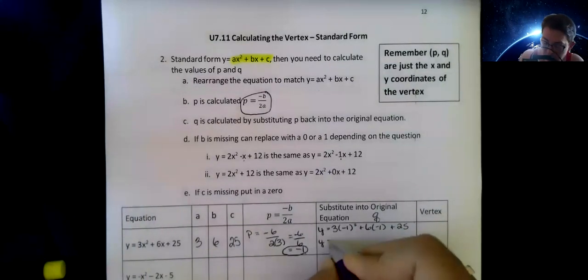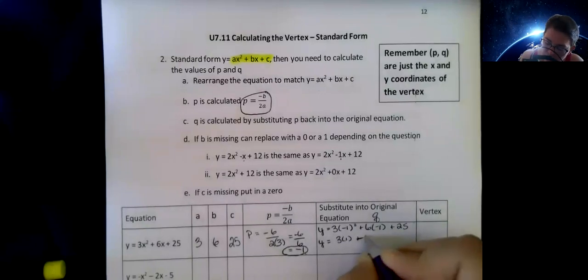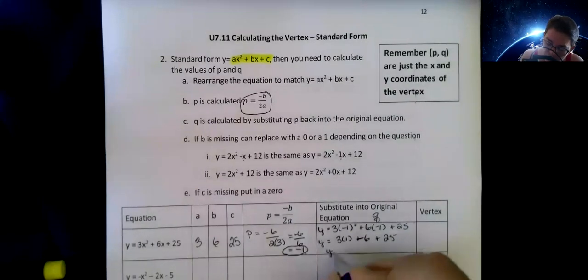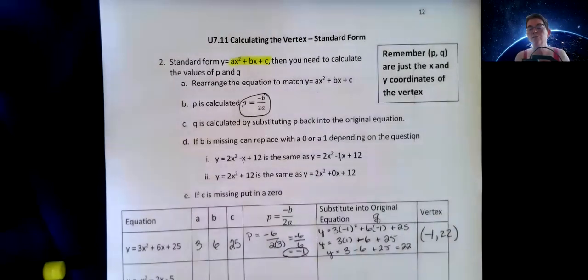So y is equal to 3 times 1 plus 6 times negative 1, so it's minus 6 plus 25. So y is going to be 3 minus 6 plus 25. That's going to be 22. My vertex is negative 1 and 22.